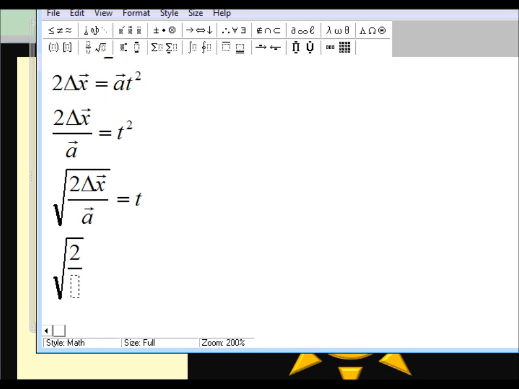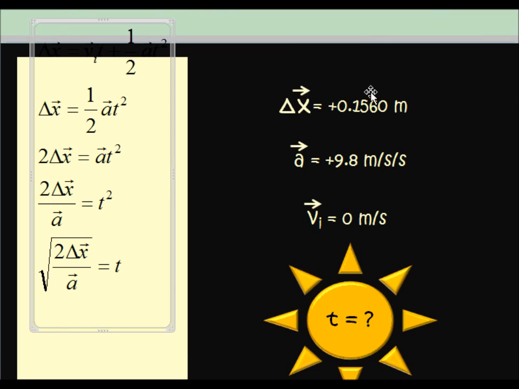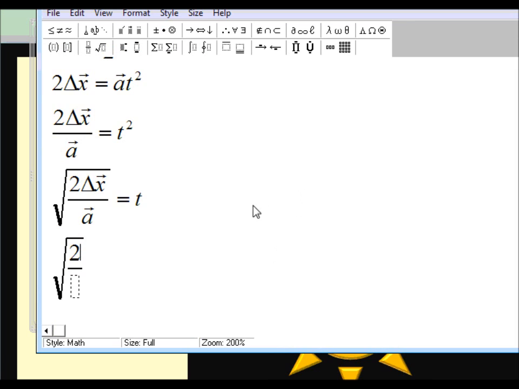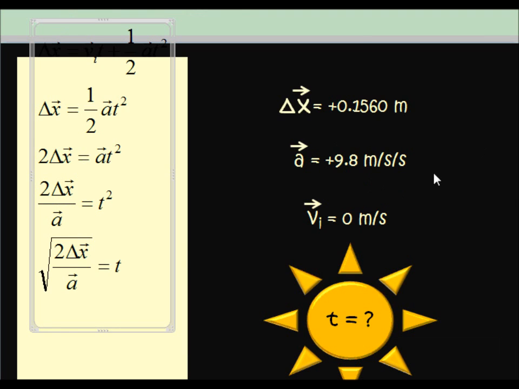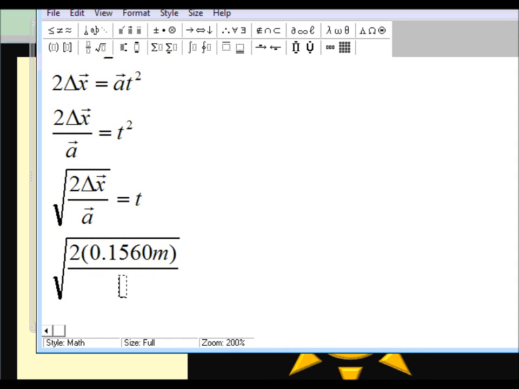And again, delta x we know is just positive 0.1560 meters. Acceleration we know is just positive 9.8 meters per second per second. All of this still equal to t.